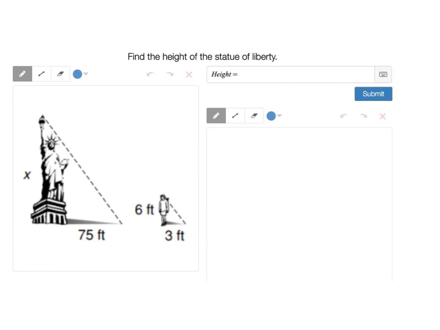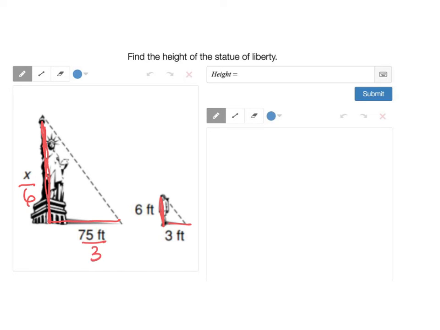All the rest of these are going to be word problems or real life problems. They can set up a number of ways. Personally, I recommend comparing the same parts to each other. So I would look at this picture and I would say, okay, the Statue of Liberty is up and down. The girl is up and down. So I'll put the 6 there. Here's the girl's shadow.